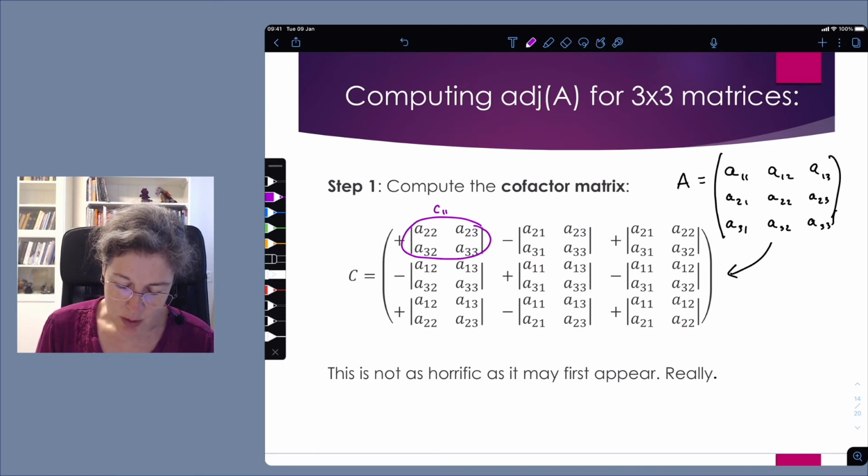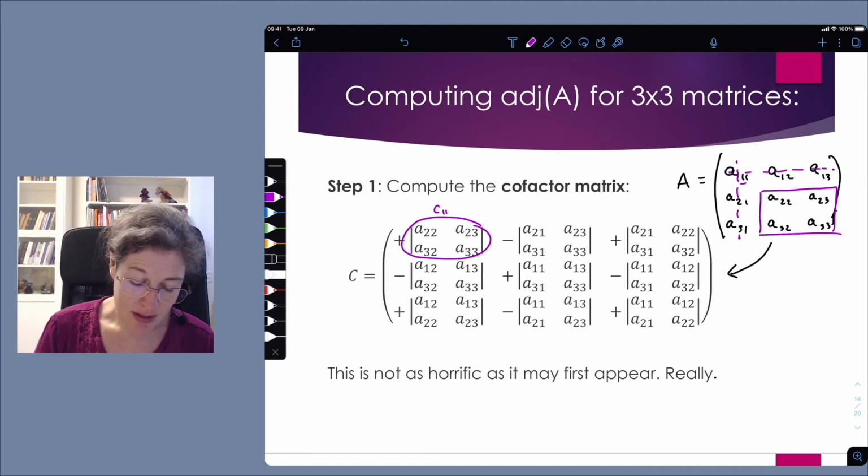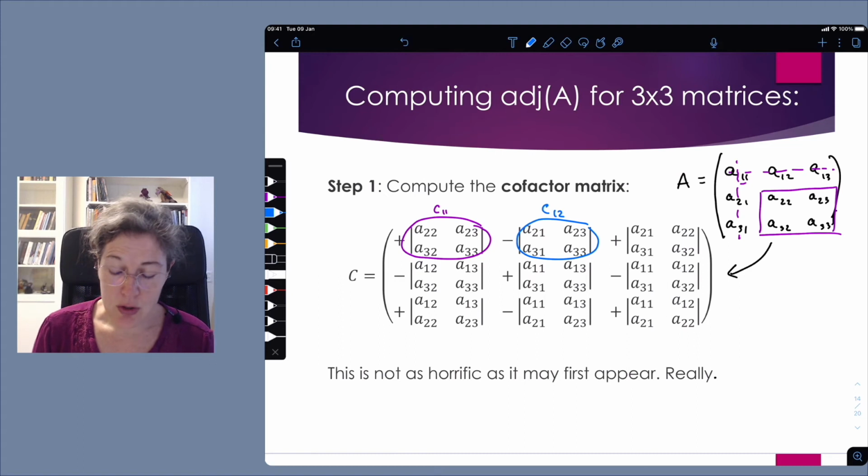And what did we do? Well, we looked at our A matrix and we said, okay, let's ignore everything in the 1, 1 column and row and take the determinant of what's left. And then we did the same thing. So if you have a look over here, this is the C12. So this says, look at your original matrix, ignore everything that is in the first row and the second column, and take the determinant of everything that's left.